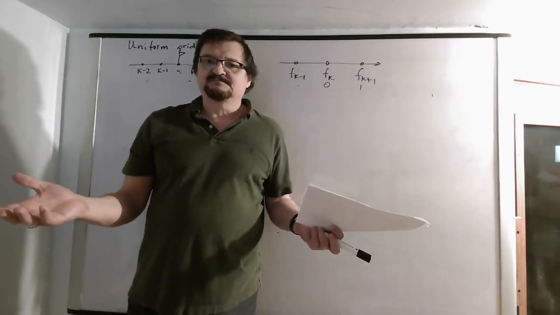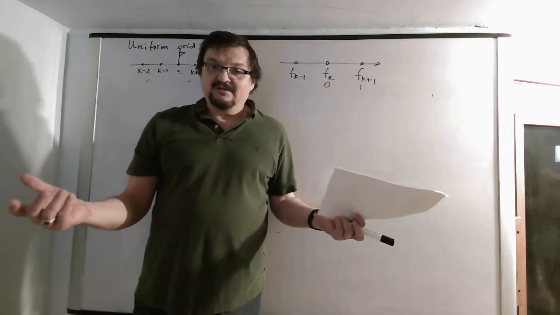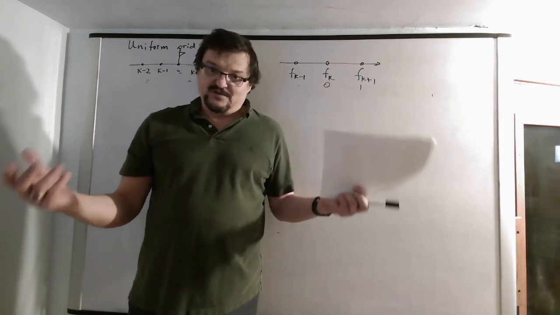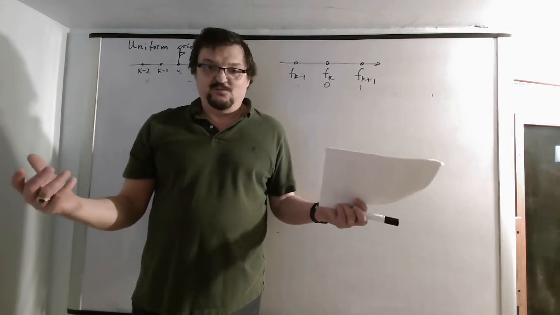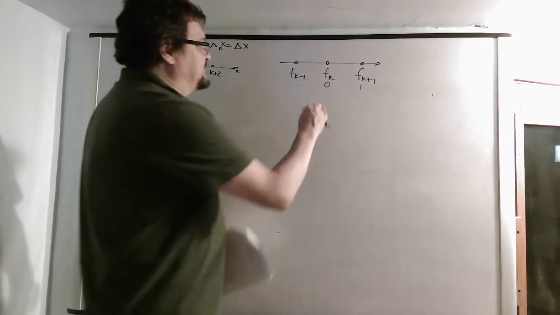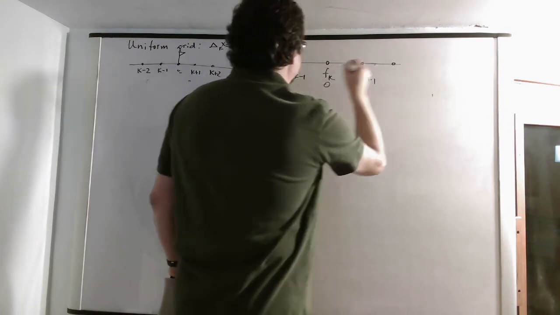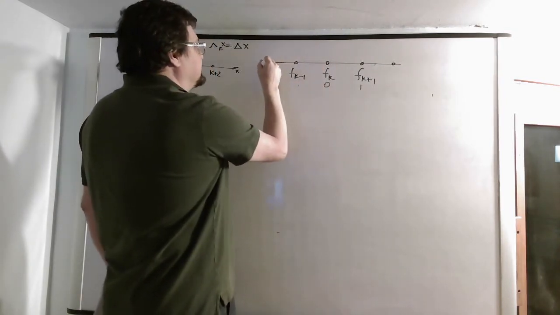The minimum number is 4 plus 1, so 5 grid points. Let's make it symmetrical. We can make it asymmetrical, but symmetrical would actually be more accurate.